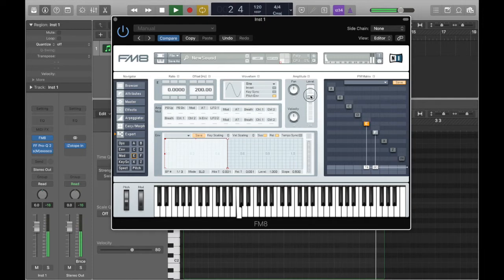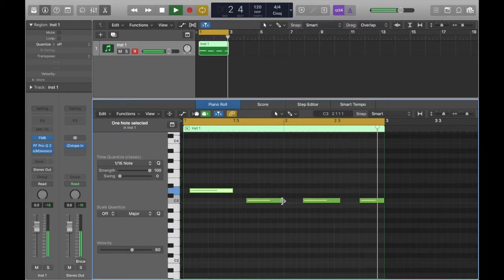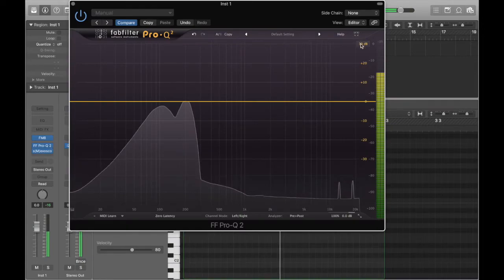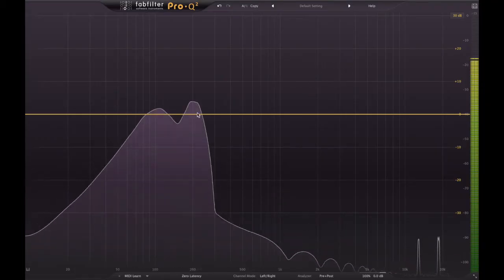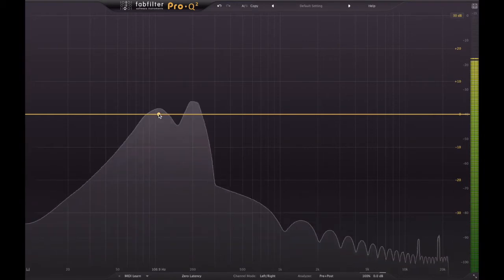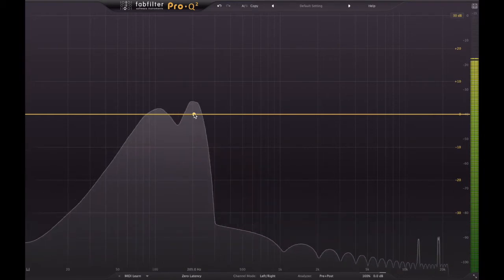So now we've got two sine waves playing. Notice it doesn't matter what pitch these notes are at, because it's just playing 100 hertz and then 200 hertz. If we now look at this through this EQ, you can see that two peaks have appeared, one at 100, one at 200.